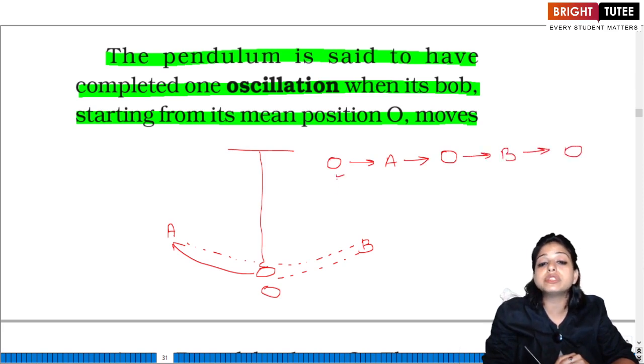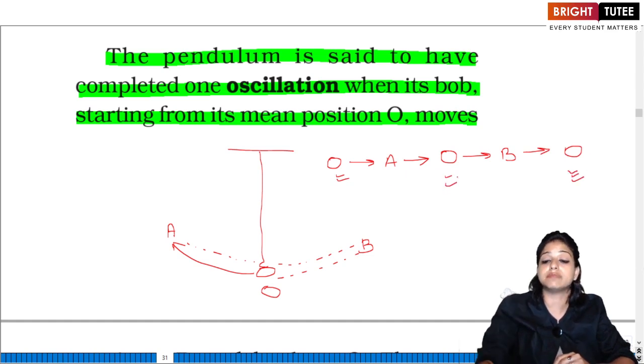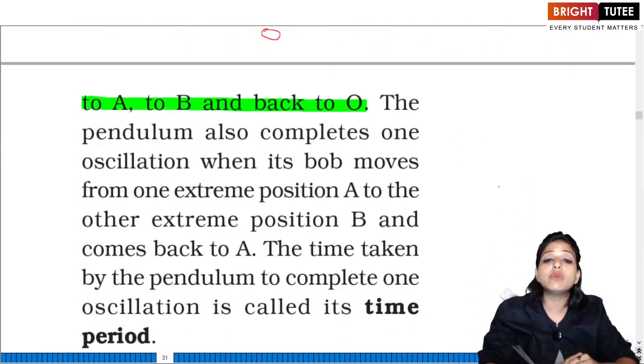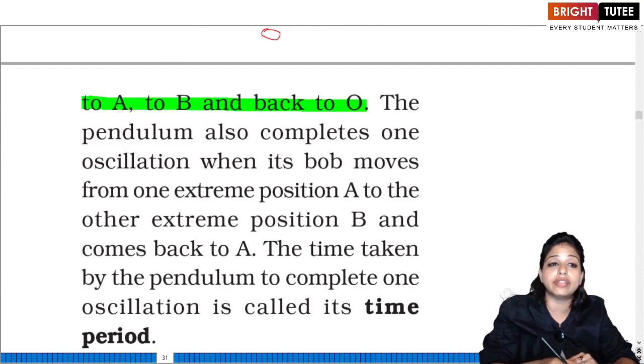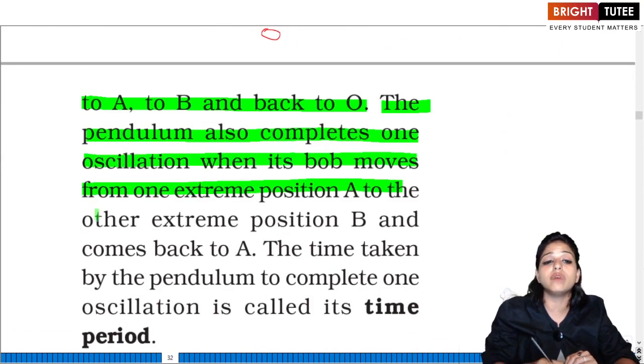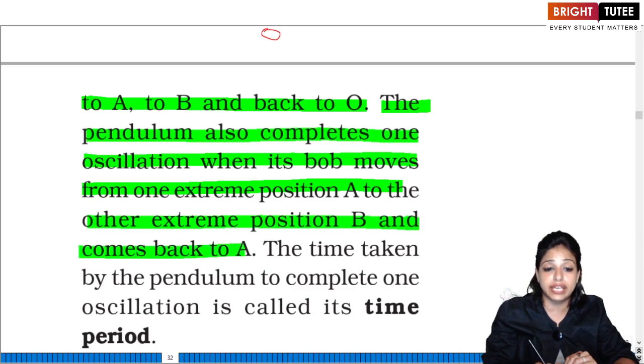So starting from the mean position, going to one extreme, coming back, going to the other extreme and coming back makes one oscillation. You can also say that moving from one extreme to the other extreme and back is one oscillation.